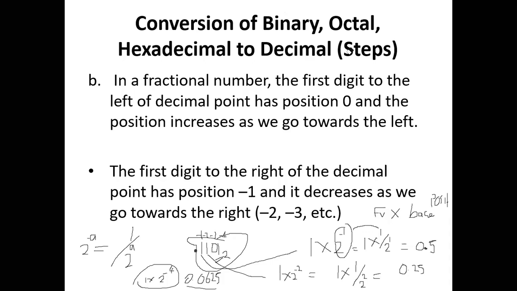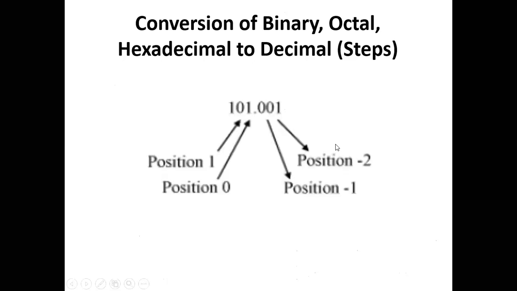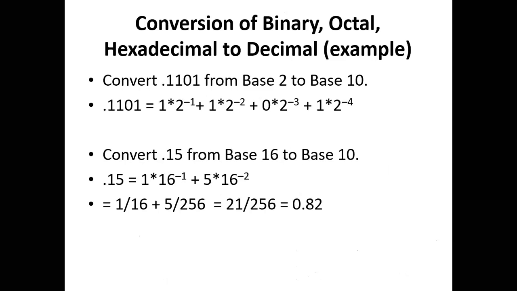All right. So that's how we convert from decimal to binary, and then from any other base back to decimal. So these examples, you can try them on your own.